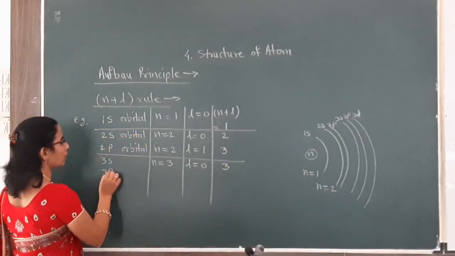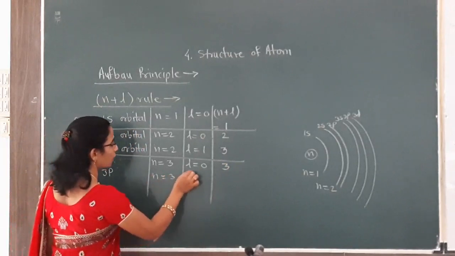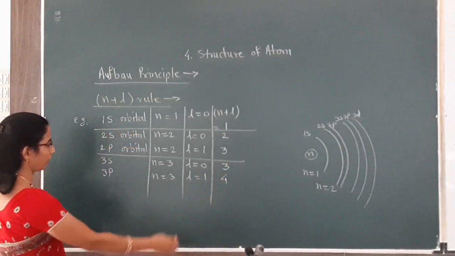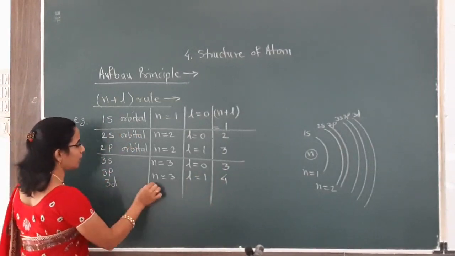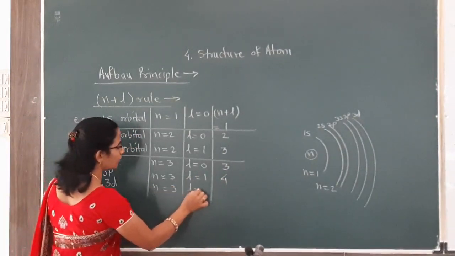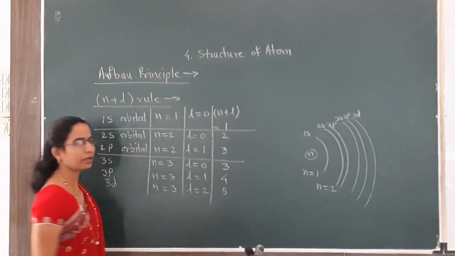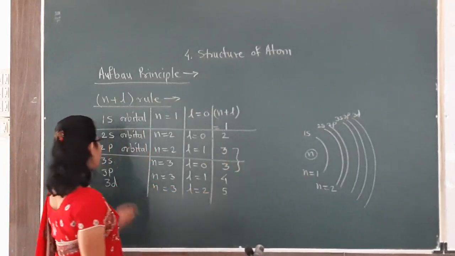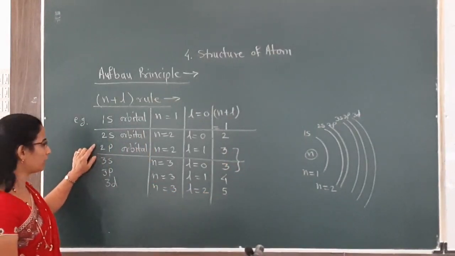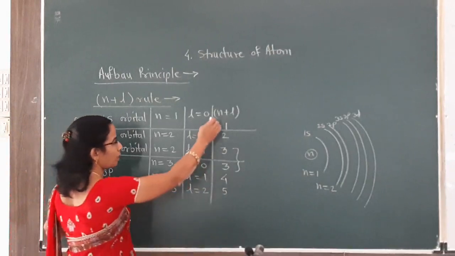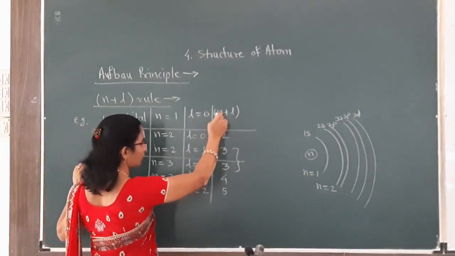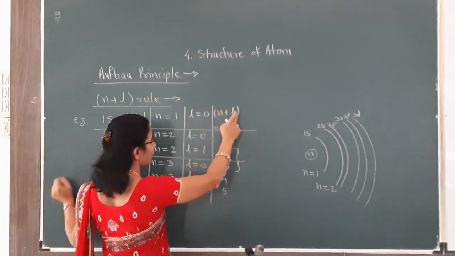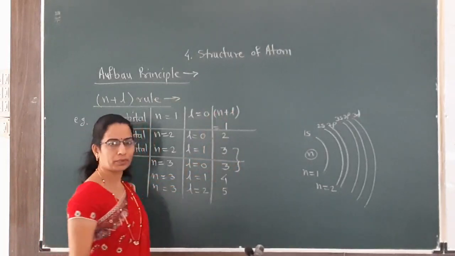Here for 3p, here n is equal to 3, l is equal to 1, and therefore n plus l value becomes 4. And for 3d, here l is equal to 2, so the summation is 5. Now observe these two cases. Here in case of 2p orbital and 3s orbital, the sum of azimuthal quantum number and the principal quantum number, that is n plus l, is same.